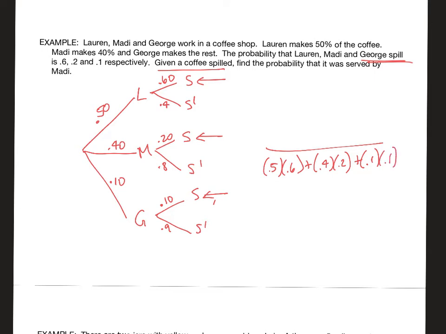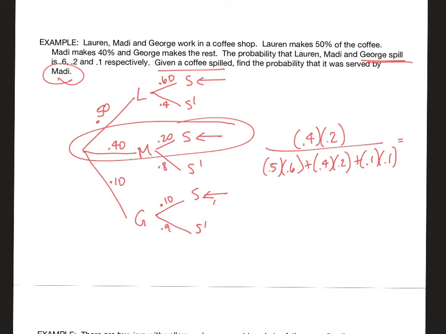Okay, that's my denominator. Find the probability it was served by Maddie. Okay, so that means this branch is my success. So it's going to be 0.4 times 0.2 on the top. All right, and again, take out your calculator, make sure you round to 3 significant digits, and you should get 0.205.